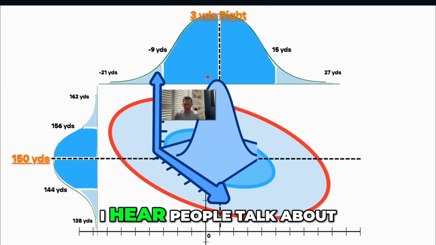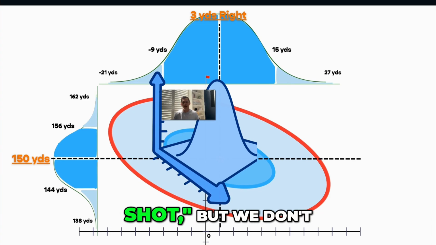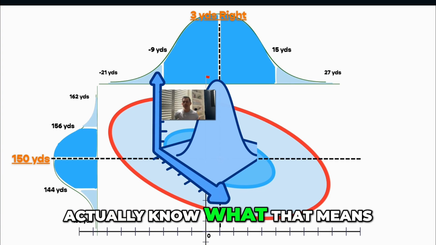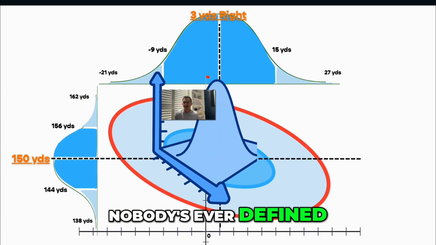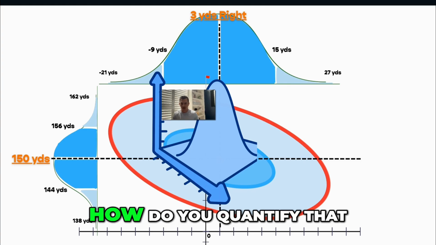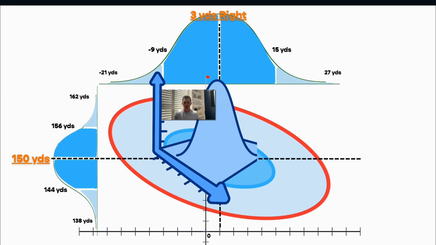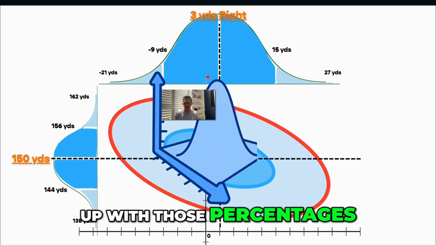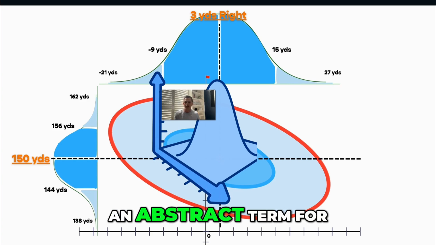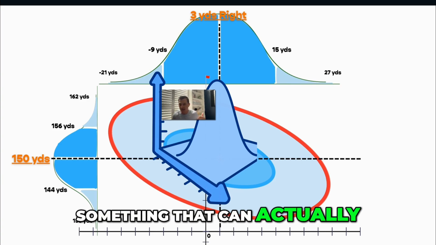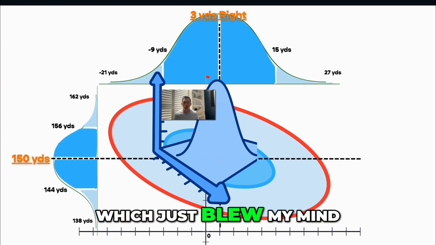So many times I hear people talk about playing the high percentage shot, but we don't actually know what that means, right? Nobody's ever defined what a high percentage shot is. How do you quantify that? Is it 80%? Is it 20%? How do you come up with those percentages? This is an abstract term for something that can actually be quantified, which just blew my mind.